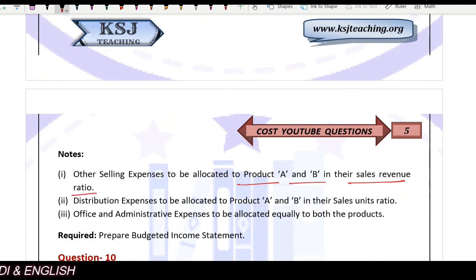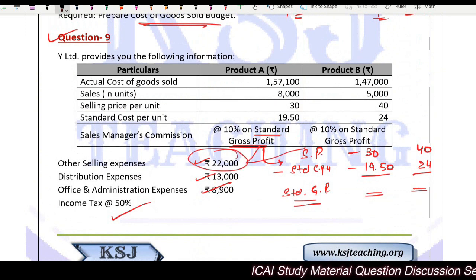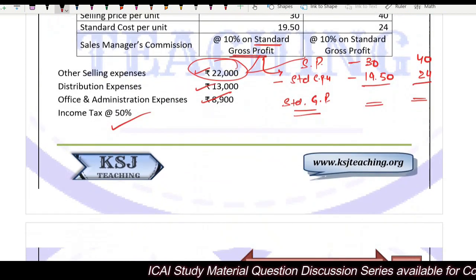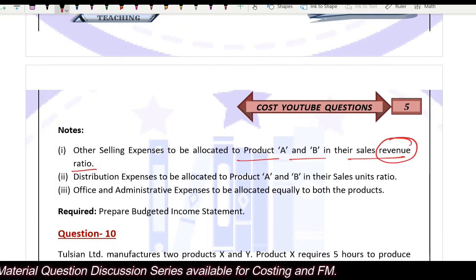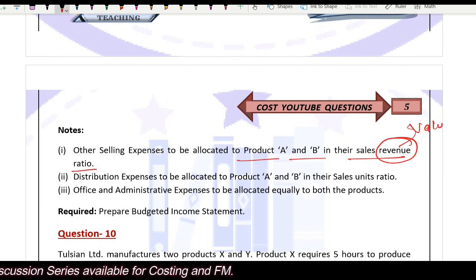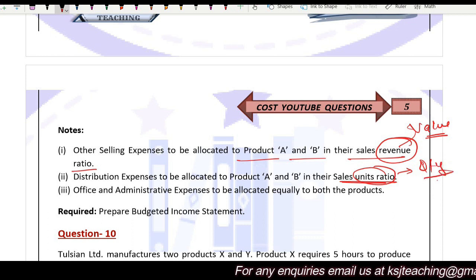Obviously you will have to distribute between product A and product B. Now, how should this distribution take place? The question says they should be allocated in the sales revenue ratio, sales value ratio, not sales quantity. Distribution expenses to be allocated in the sales unit ratio. Now, this is in the ratio of sales quantity.